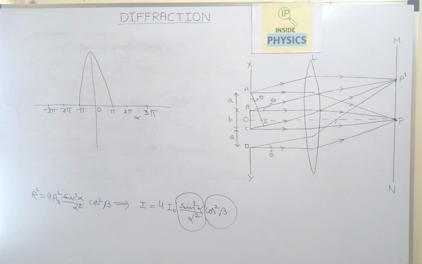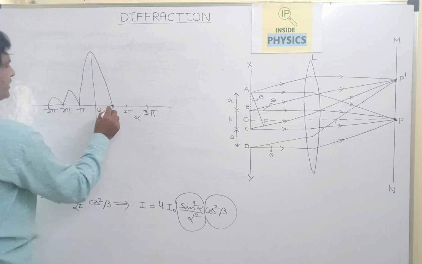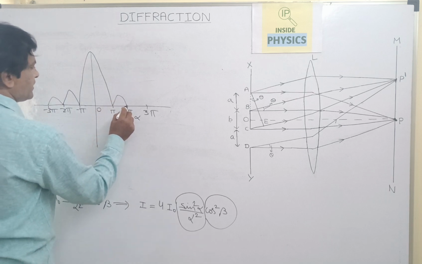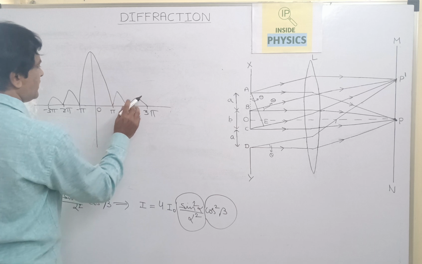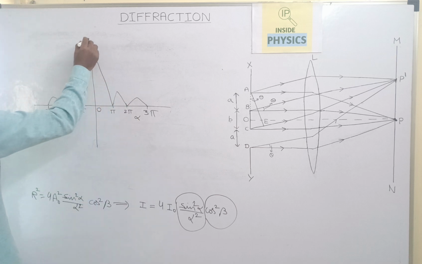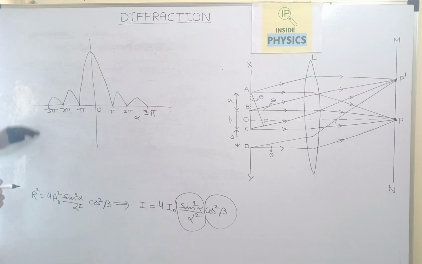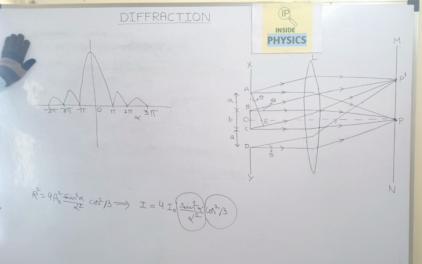What happens? There will be a second order bright ring with lesser intensity, and there will be a much lesser intensity third order. This centrally bright spot can be called the zero order bright spot, or the central maximum.